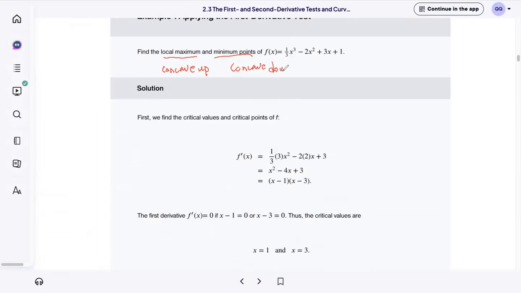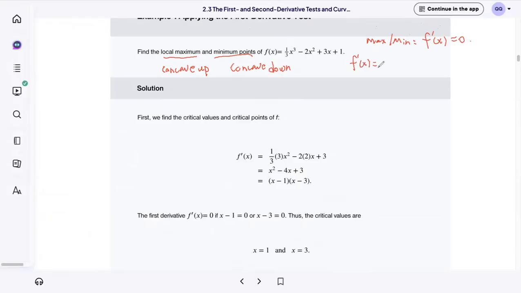That's by finding inflection points, right? So for the maximum or minimum, we find it by taking the derivative of the function, setting it to 0, then solving for x.